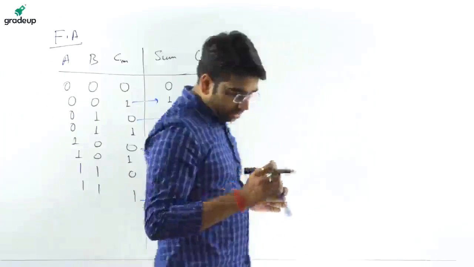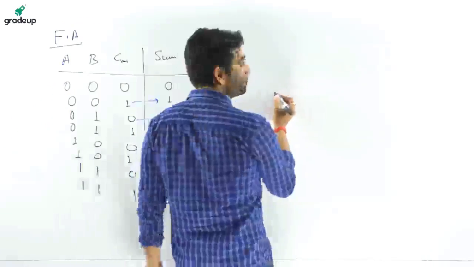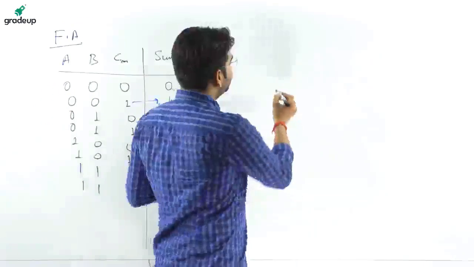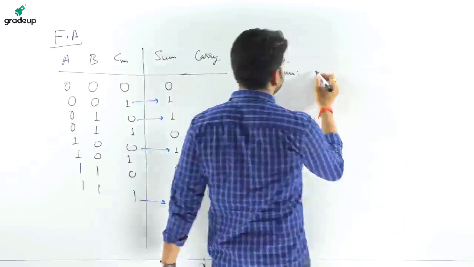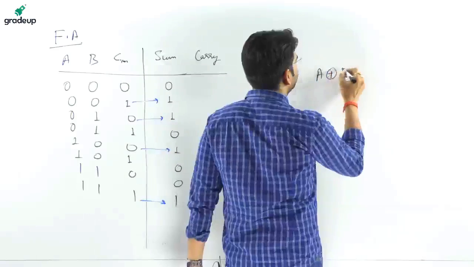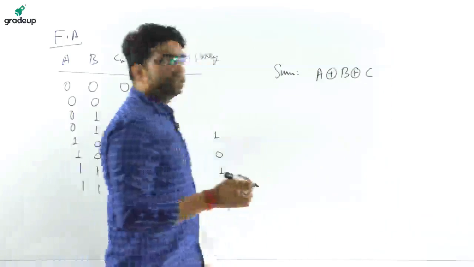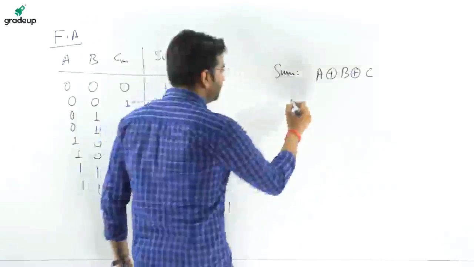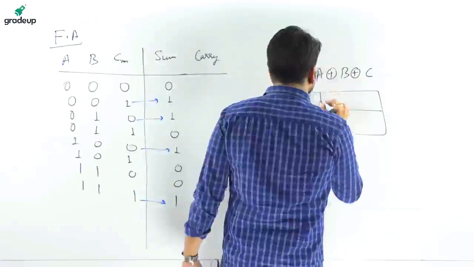Dear friends, sum is always an XOR operation. Okay, so for sum of full adder, we are going to have an expression A XOR B XOR C. कैसे आया? From where it came? Okay, draw K map.